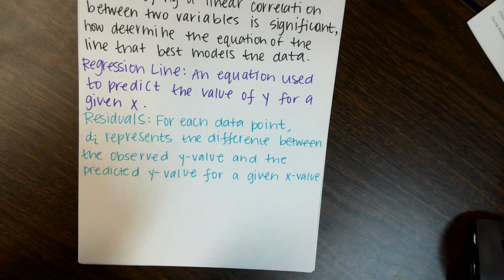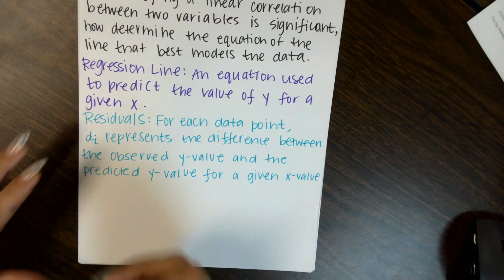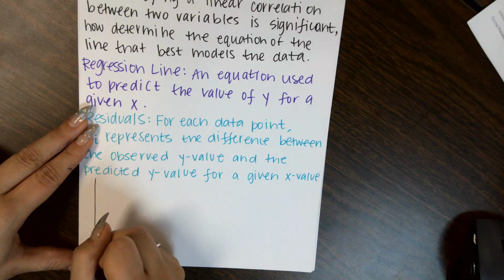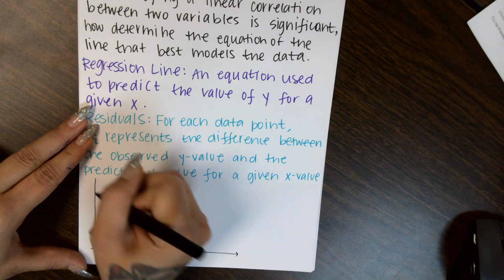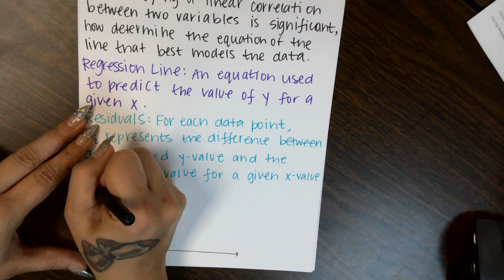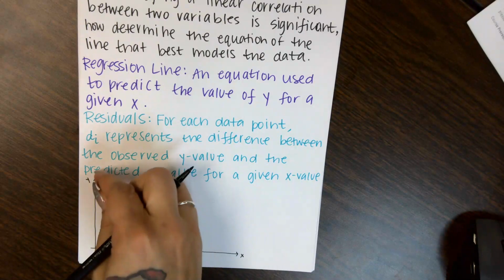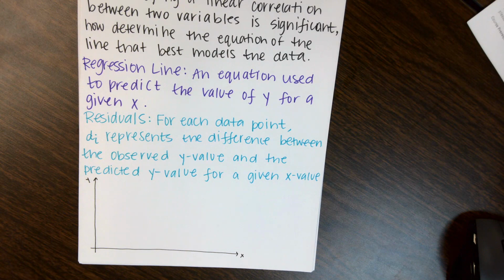Now I'm going to do like an XY axis. Right, horizontal is my X, and then the vertical is my Y. And then let's say that we have all these data points, and what we're doing is we're just going to have like this linear model, right?